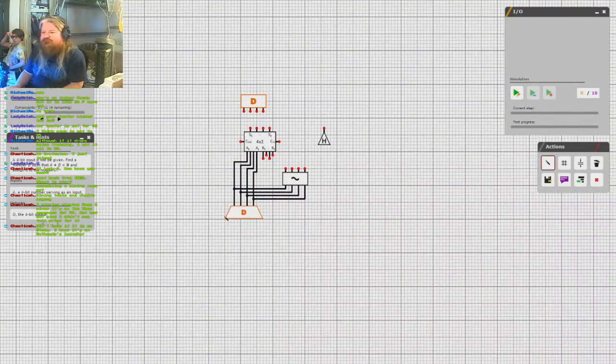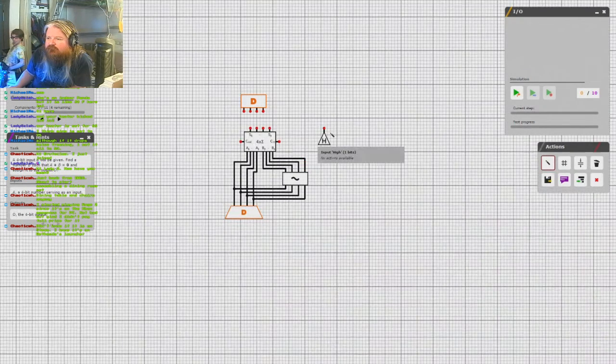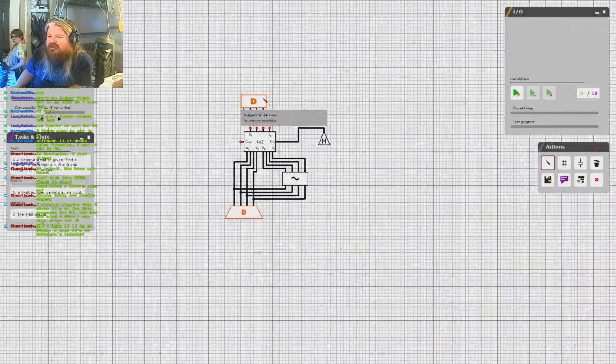We'll just always do the carry in as high and see how this works.